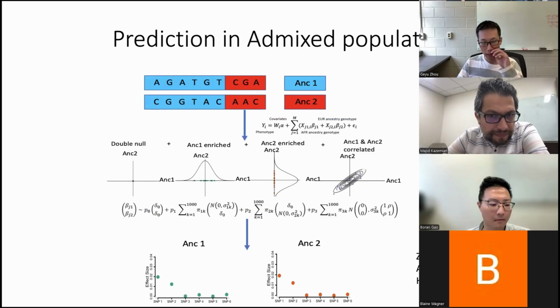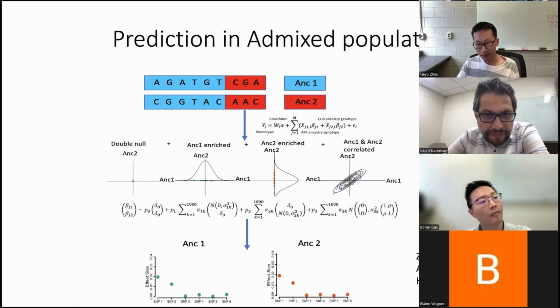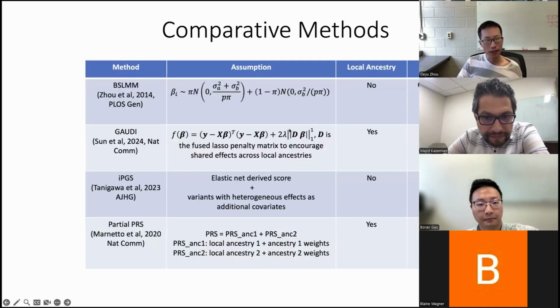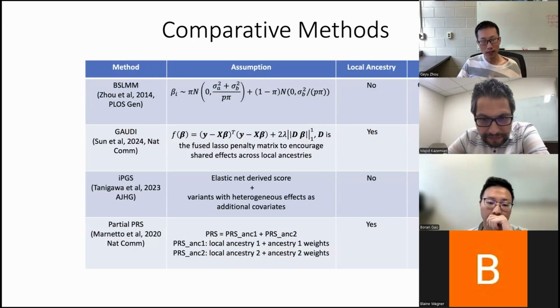And we combine the local ancestry information with our prior of the four components to formulate a model called SDPR ADMIX to construct a prediction model for the admixed populations. We compare our method with four other methods.